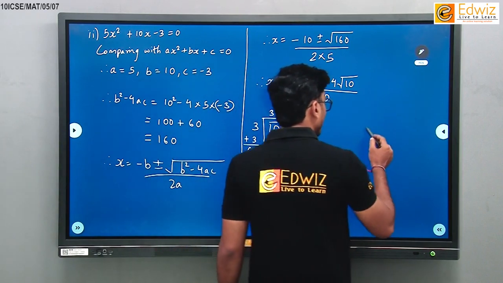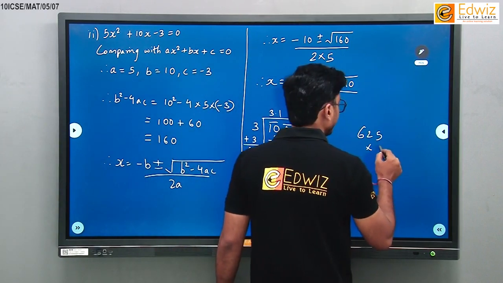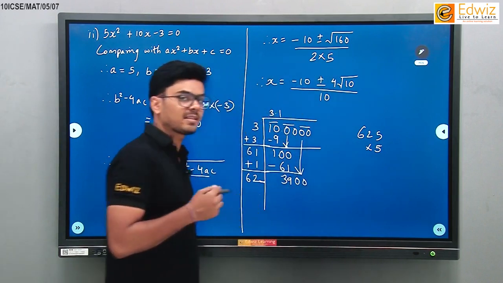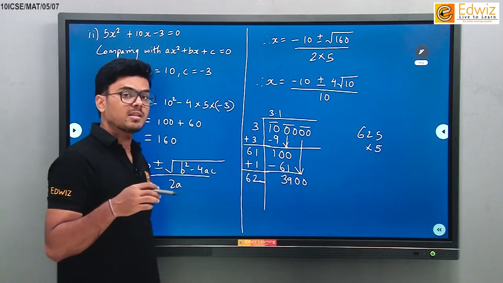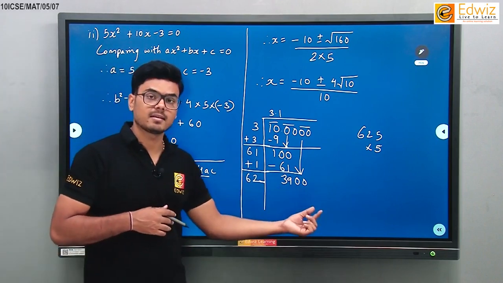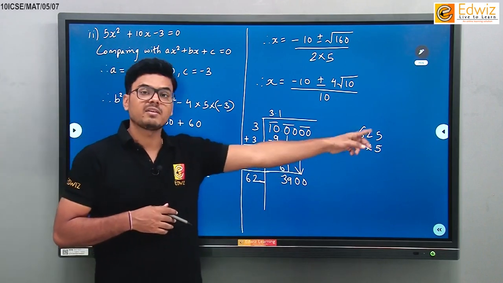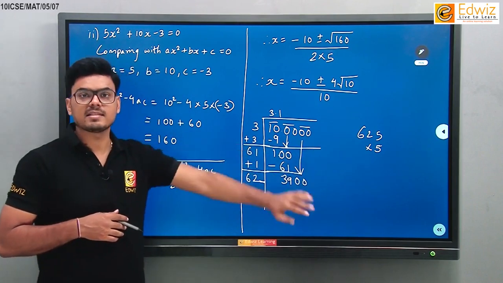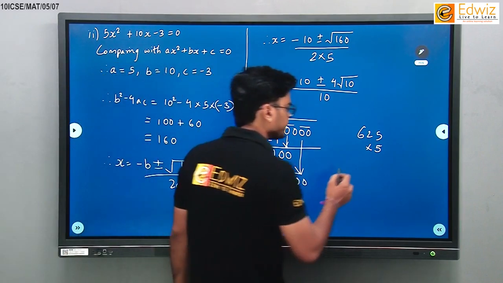Okay, so I can think of 625 into 5 because we know 6 5s are 30, correct, and 6 4s are 24. So if I need a number near 3900, I'll have to think of either 625 into 5 or 626 into 6, correct? Let us check.